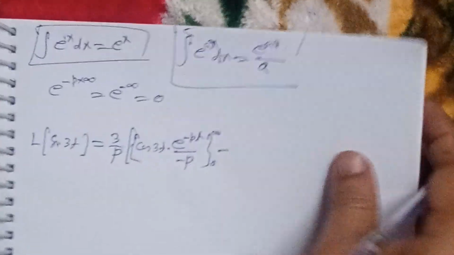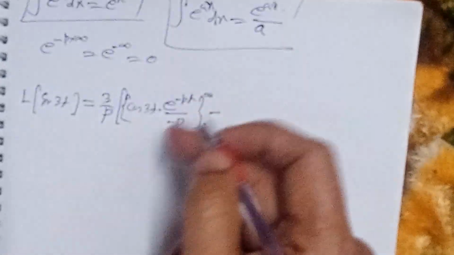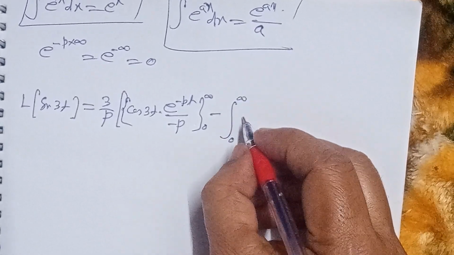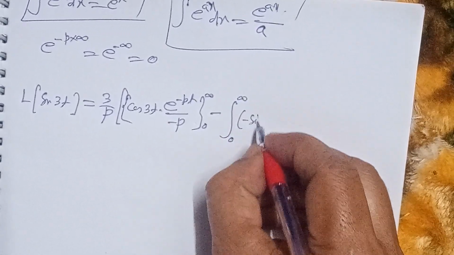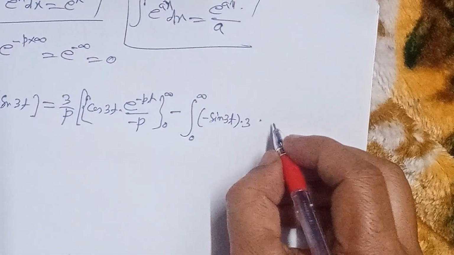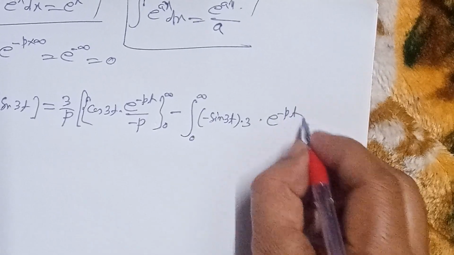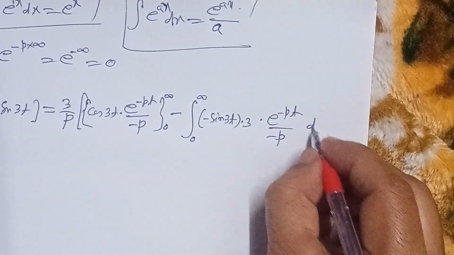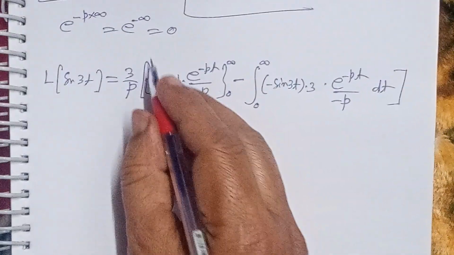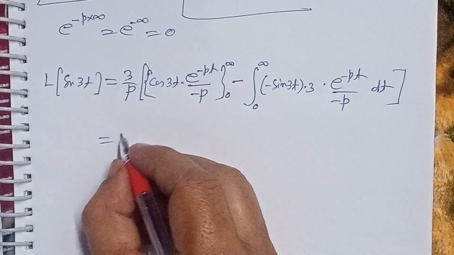I will apply the limit after the next step. 0 to infinity, and differentiation of cos is equal to minus sine. We have to differentiate 3t again, which becomes 3, and integrate e to the power minus pt, which is e to the power minus pt upon minus p, and integrate this value with respect to t, and close the square bracket, which began with this 3 upon p.